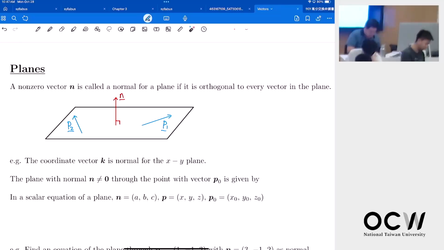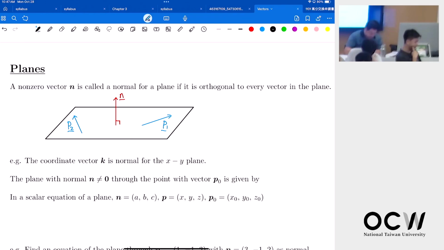Now, if I have a plane with a normal vector n, which is not a zero vector, and this plane goes through the point with the vector p naught, how do we express the plane? We know that n is perpendicular to any vector in the plane, so the dot product should be 0.